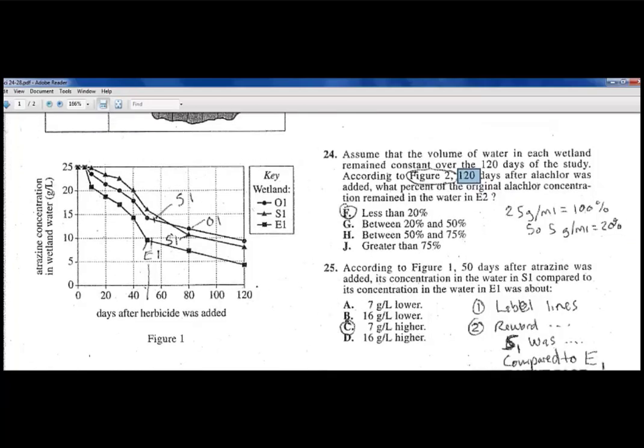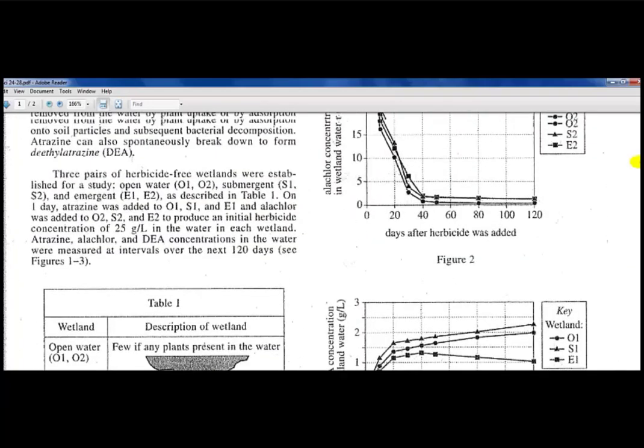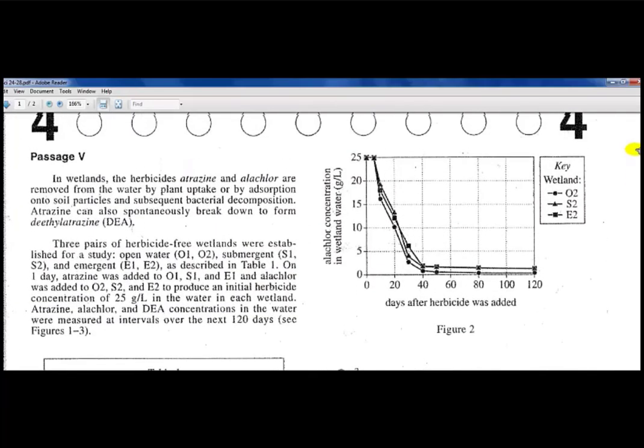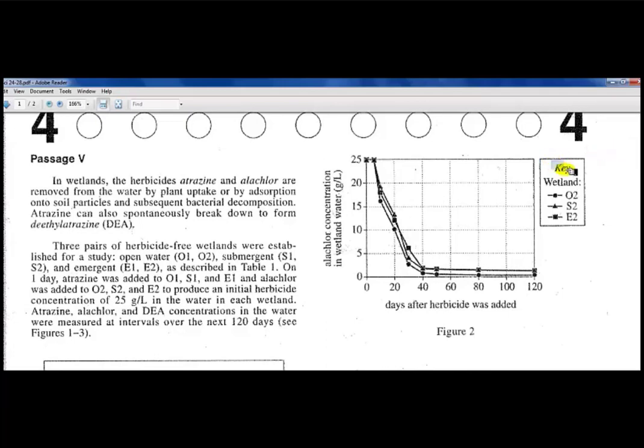Let's go ahead and jump on up and take a look at figure 2. Figure 2 is right here. And from the key, we'll always use the key. We're looking for E2, which is the rectangle. And the rectangle here is right there. And you can see that that is roughly 1%, 2%, somewhere around there.